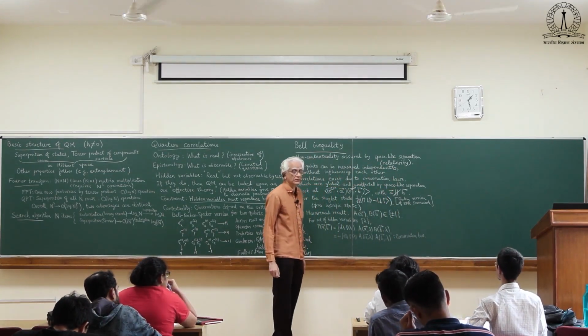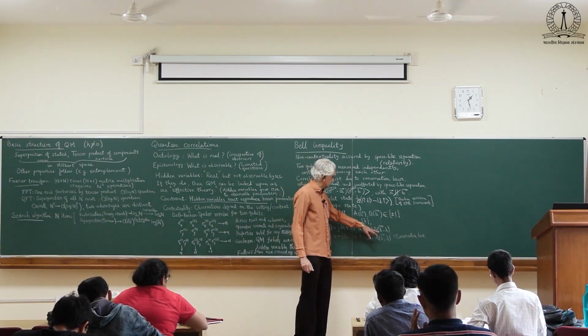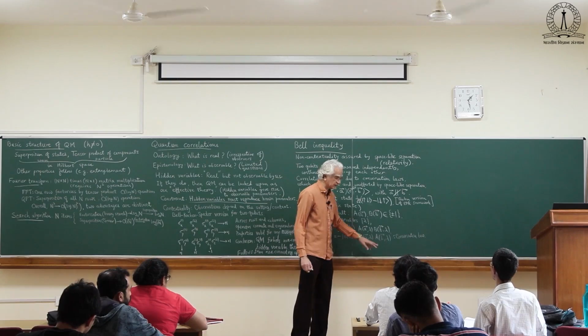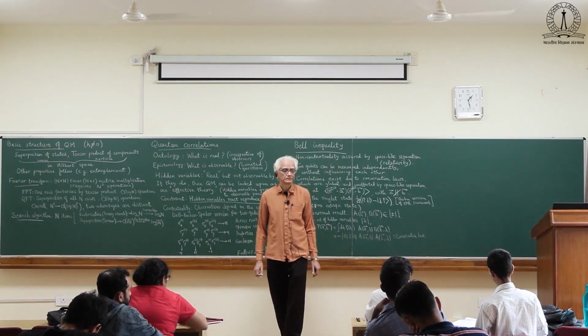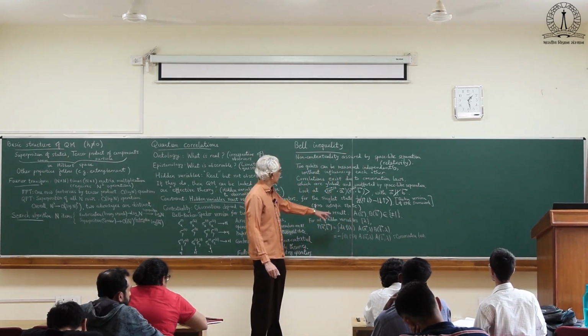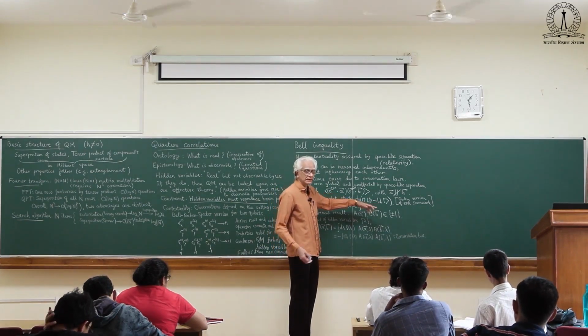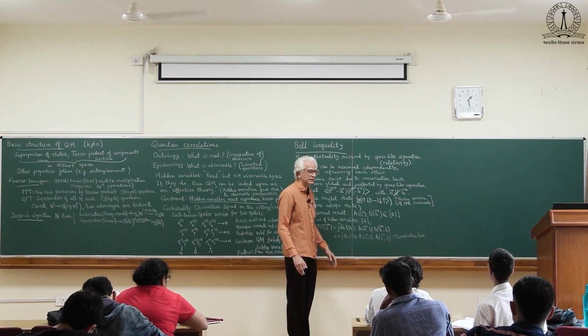Due to the conservation law, whatever B is, it's minus that of A. Because the total spin is 0, it's an anti-correlated system.